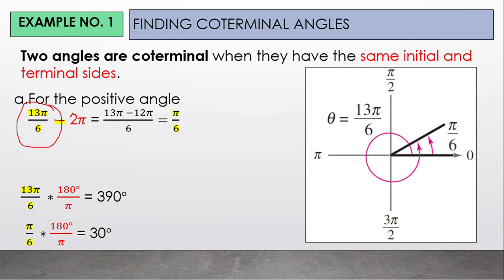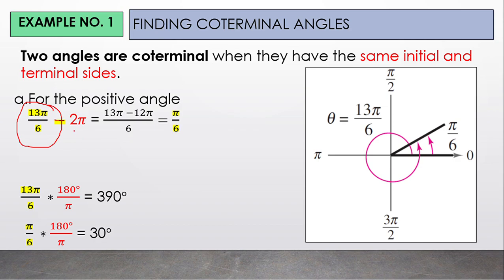Okay, so kaya siya naging negative kasi positive angle muna tayo. So given positive angle, magma-minus tayo ng 2 pi. Okay, so after that, dahil subtraction tayo, hahanapin natin yung LCD nila. Ang LCD nila is 6. So 6 divided by 6, 1 times 13, 13 pi.